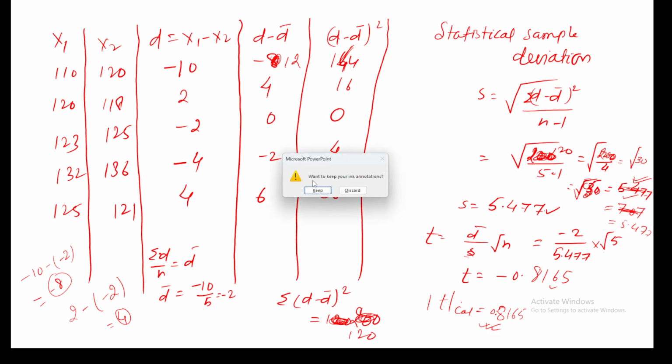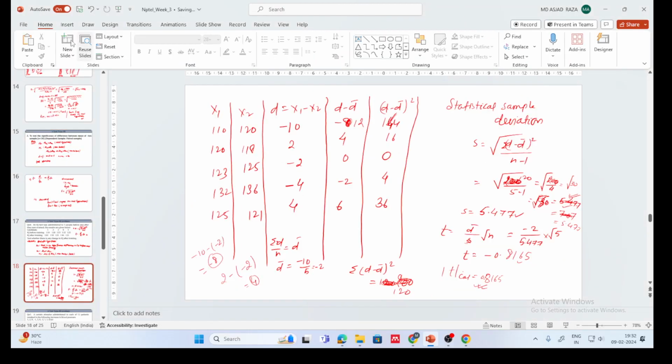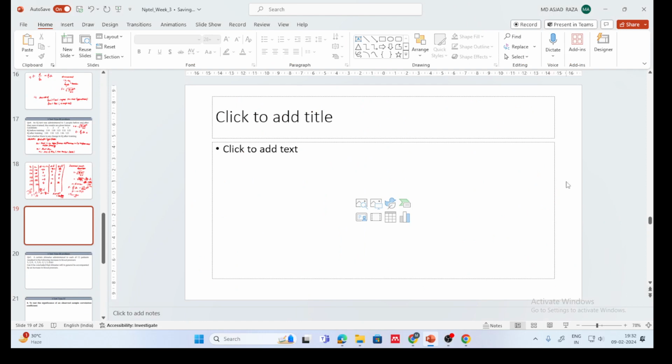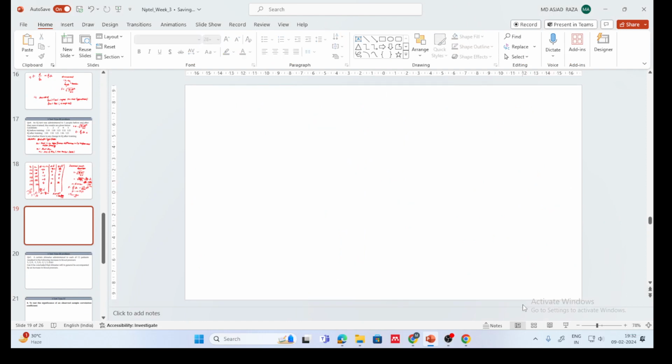T calculated, how much? 0.8161. Is it? Yes, sir. T tabulated will go for that degree of freedom. How much is that? N minus 1, 5 minus 1 is equal to 4.